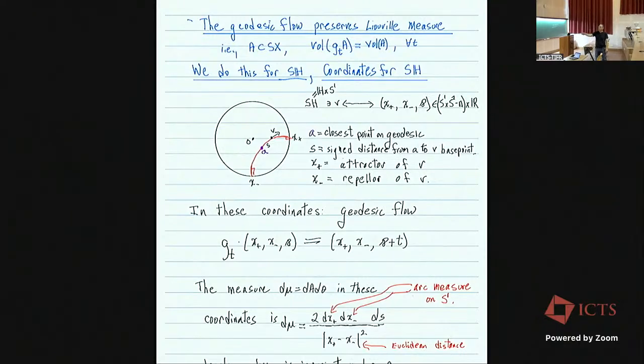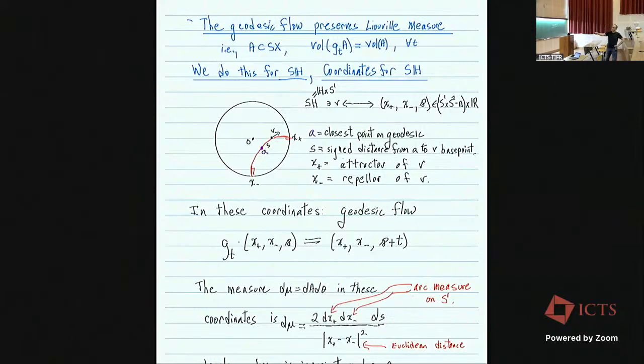Okay? And given V, there's a unique oriented geodesic that passes through the base point of V, and V is tangent to it. So here's the geodesic. That geodesic has endpoints in the hyperbolic plane. Since it's directed in this direction, I'll call this endpoint x plus and this endpoint x minus.